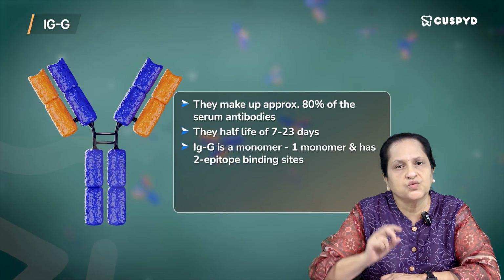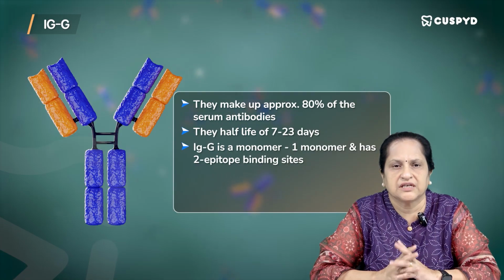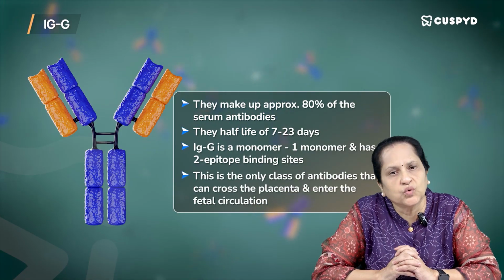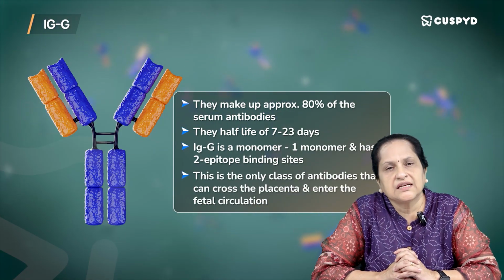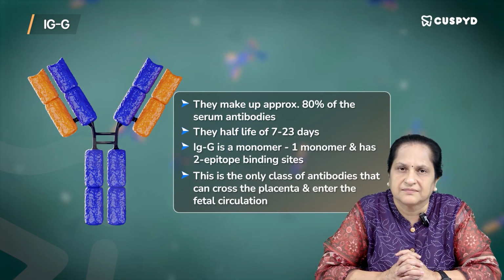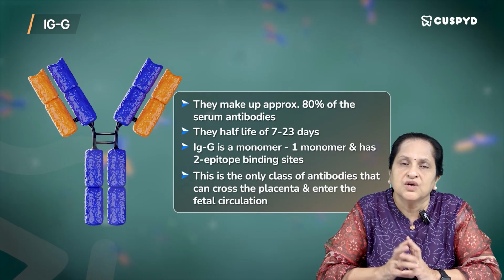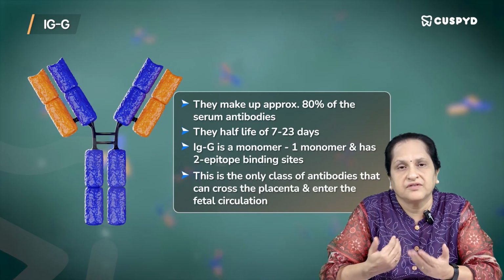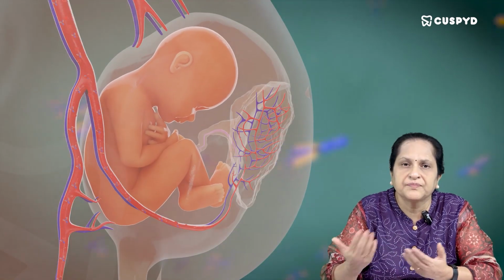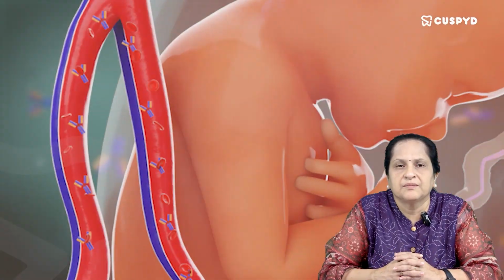And it has 2 binding sites, one on each branch. And this is the only type of antibody that can cross from the mother to the child through the placenta. All the other antibodies do not pass through. So the baby gets, after its birth, the first protection from the outside world through the mother's developed IgG.